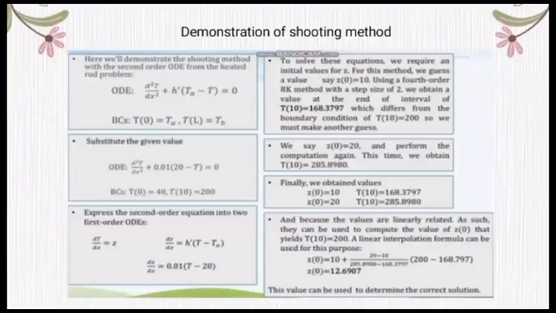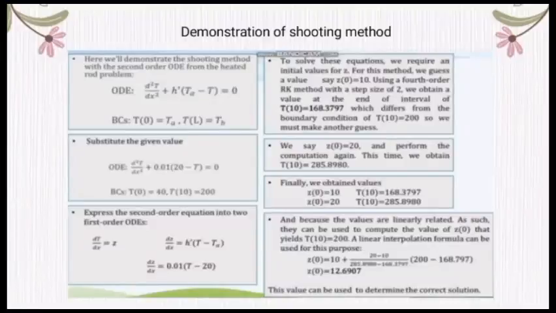Using a fourth order RK method with a step size of 2, we obtain a value at the end of the interval of T of 10 is equal to 168.3797, which differs and is obviously lesser than the expected value, T of 10 is equal to 200.